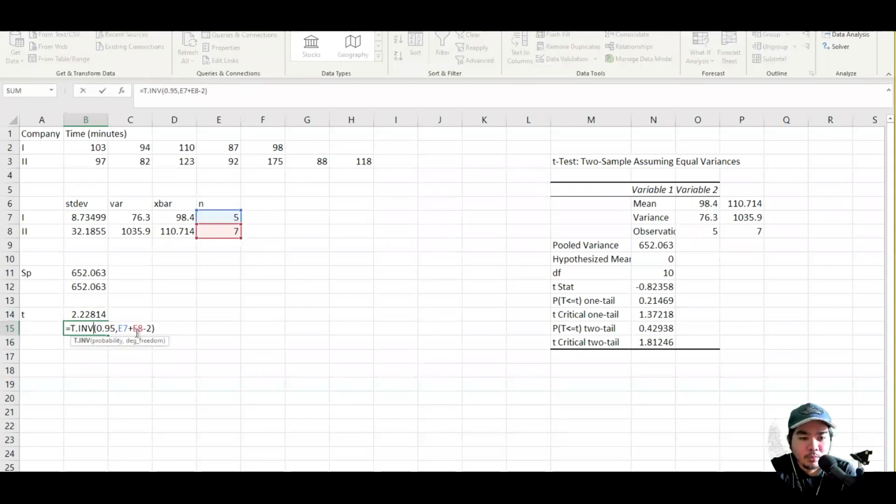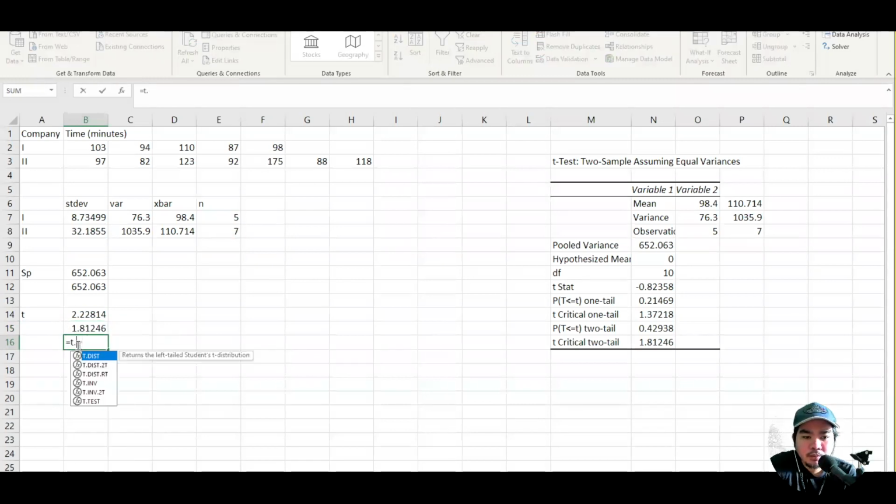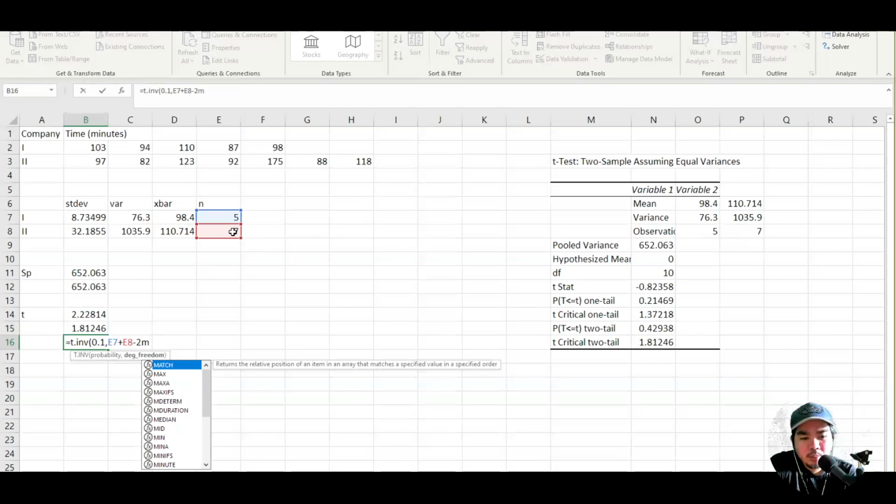Oh, bakit ganun? Wait lang, class ha. 0.1/2. This should be equal. Let me just do equals t.inv naman ginawa ko, t.inv ng 0.1 minus 2. Dapat ang makukuha ko dito is negative.